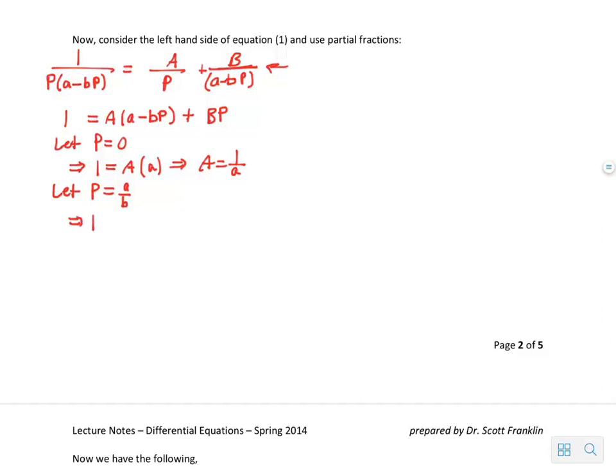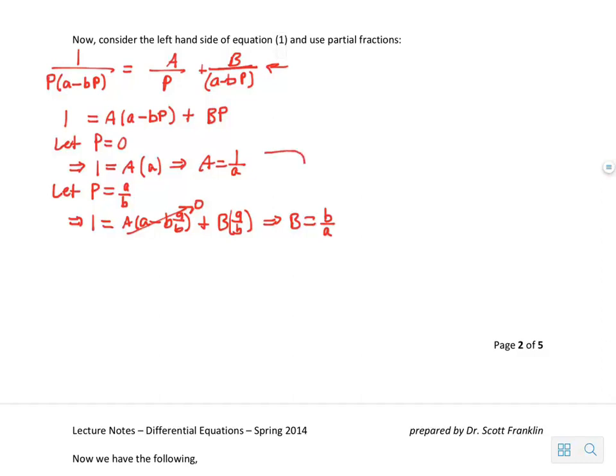I'll write this fully out: equals A times a minus a, b times a over b, plus B times a over b. And this goes to 0. So B is b over a, right?